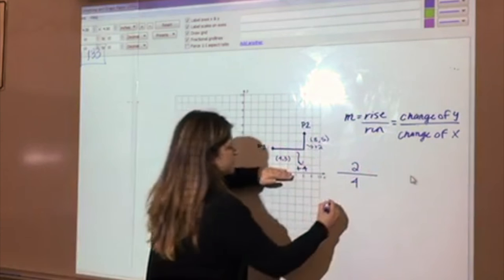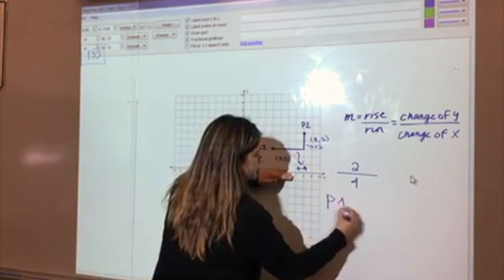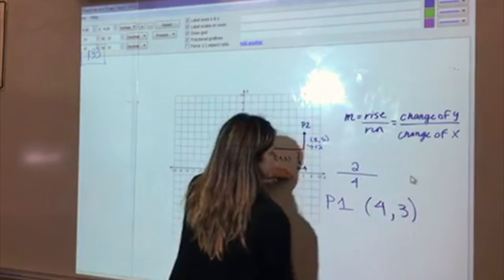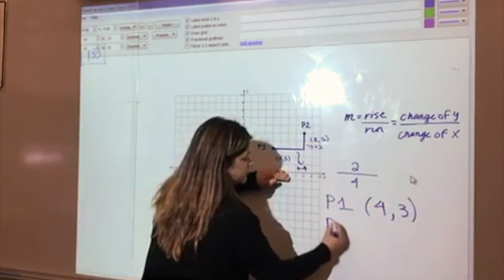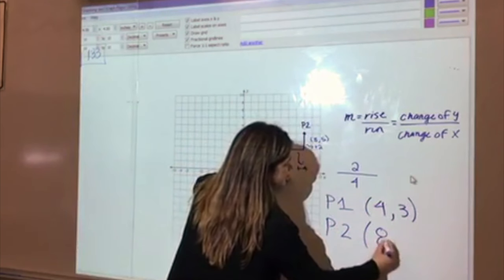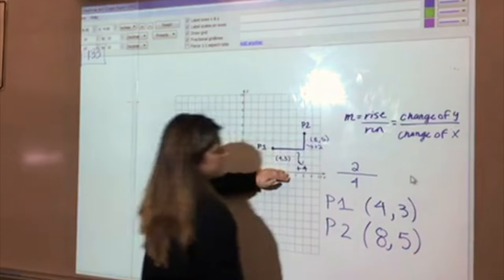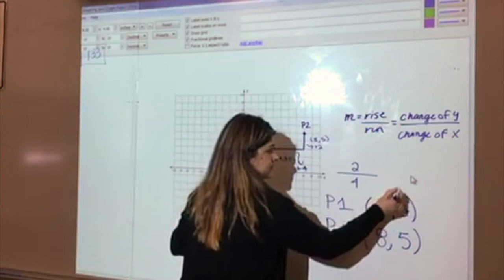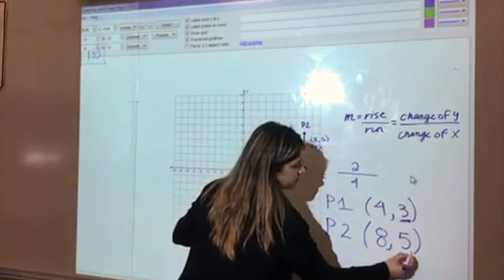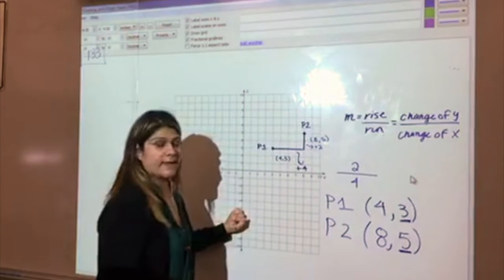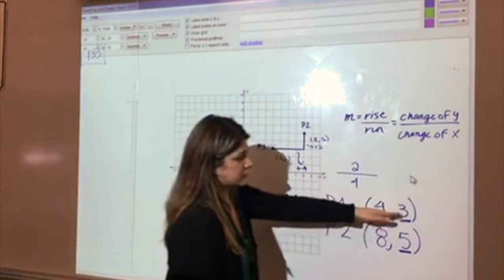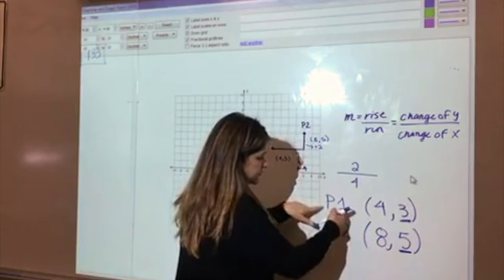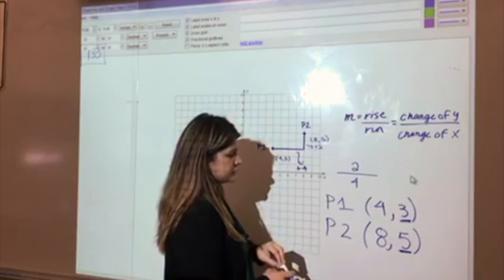So if I could just quickly rewrite, my first point, point 1, is (4, 3). My second point that I chose was (8, 5). If I want to find the change of my y's, here are my y values. It really doesn't matter which one you do first, and we'll talk about that a little more, but I already chose this to be point 1, this to be point 2.